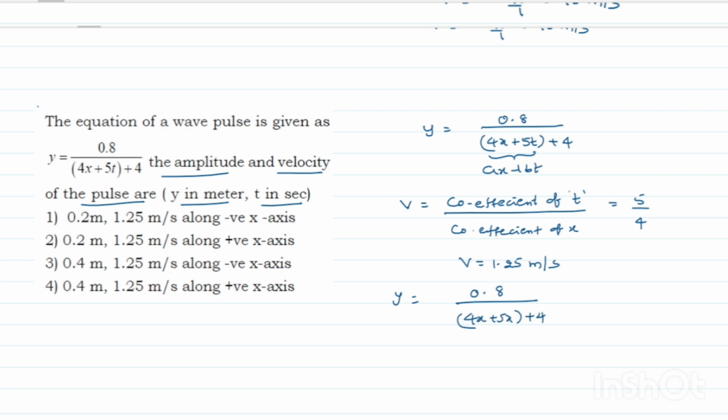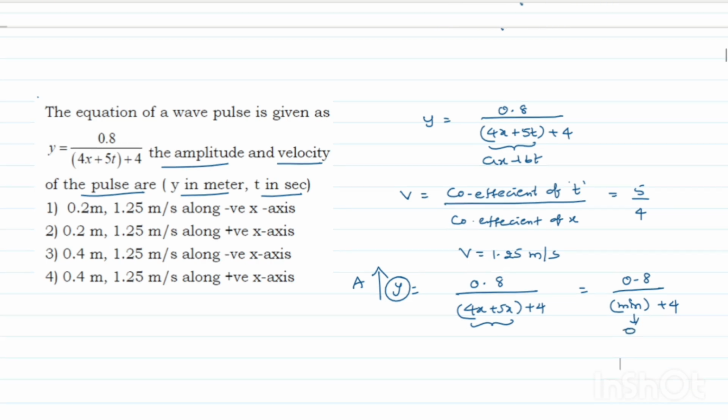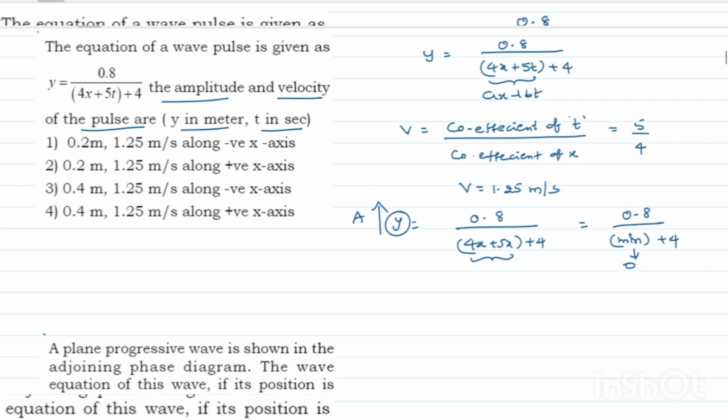The maximum displacement of the particle is called the amplitude. For maximum amplitude, the squared term must take its minimum value, which is 0. Therefore, amplitude equals 0.8 by 4, which is nothing but 0.2 meters. So amplitude will be 0.2 meter and velocity 1.25 meter per second.